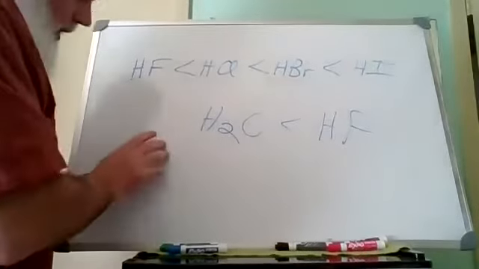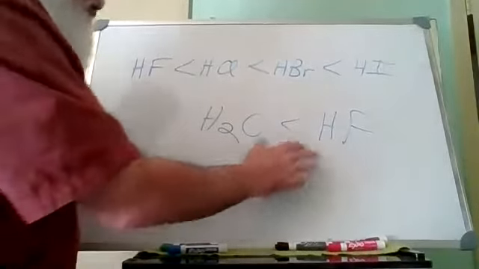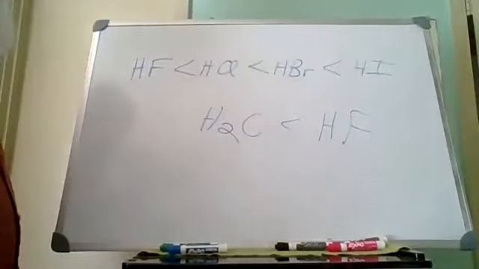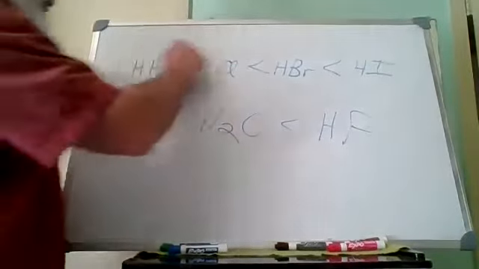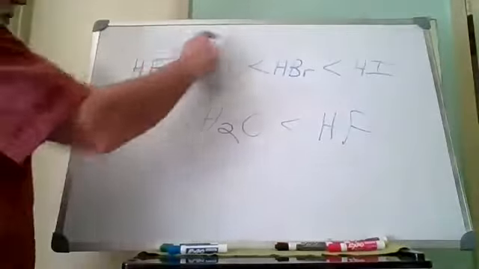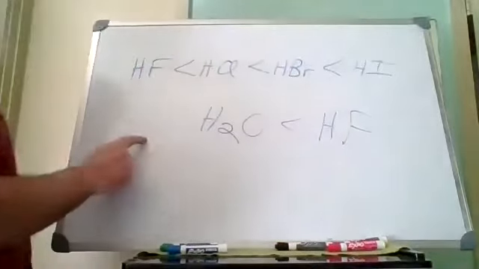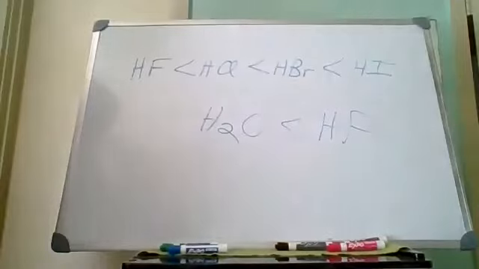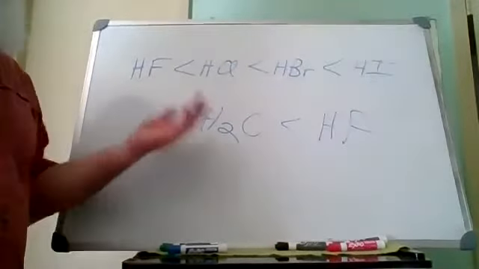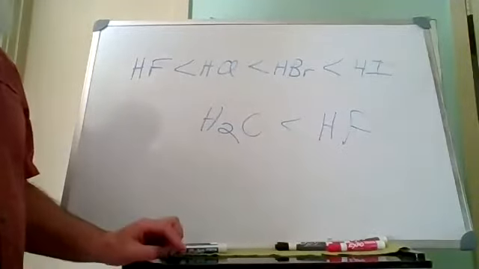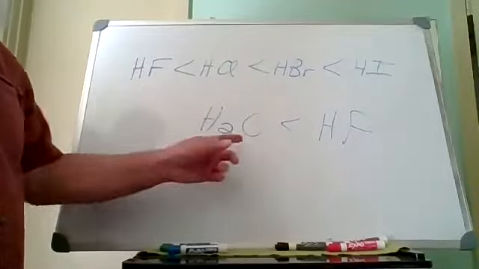But from one element to the next, the sizes are all roughly the same. So the size factor that affects going down a group does not really come into play going across a period. So what is the dominant factor here? The dominant factor here is the electronegativity.